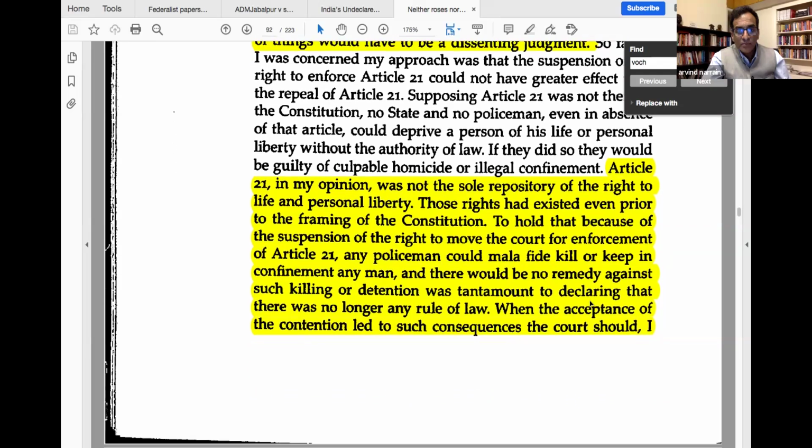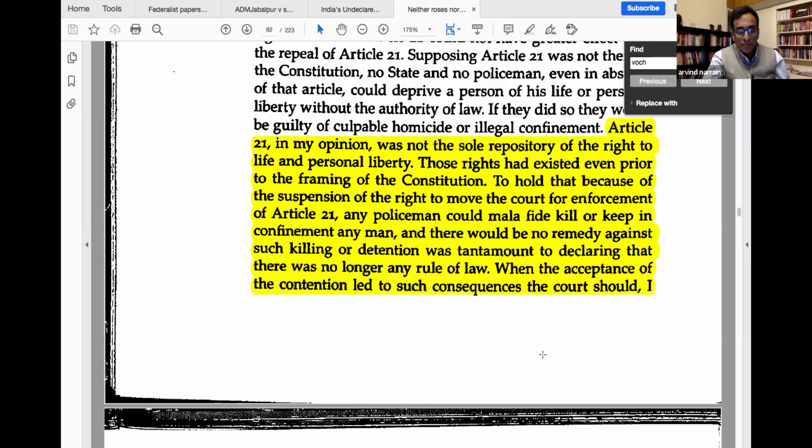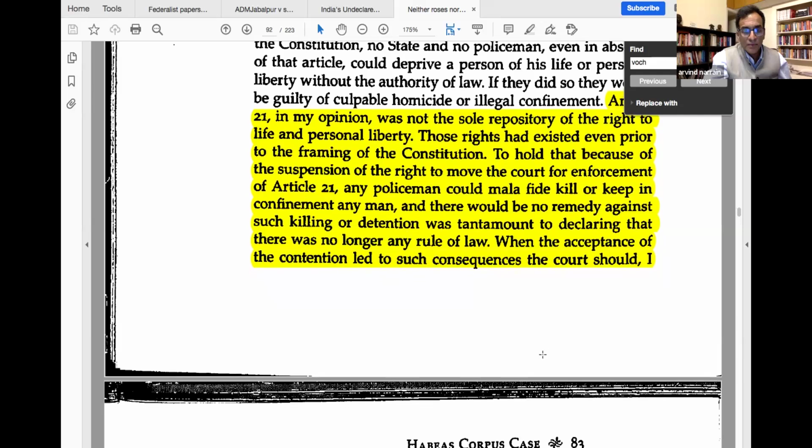Article 21, in my opinion, was not the sole repository of the right to life and personal liberty. Those rights had existed even prior to the framing of the Constitution. To hold that because of the suspension of the right to move the court for enforcement of Article 21, any policeman could, malafide, kill or keep in confinement any man, and there would be no remedy against such killing or detention, was tantamount to declaring that there was no longer any rule of law.